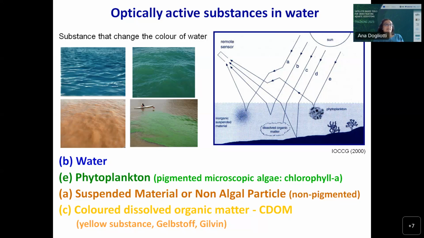And the fourth one is colored dissolved organic matter, or CDOM. In the literature, you will find other names: yellow substance, gelbstoff, gilvin. Basically the difference from the other parts is that it is dissolved, not particles, because of its size. Arbitrarily, it's defined as dissolved and not as particle suspended sediments.